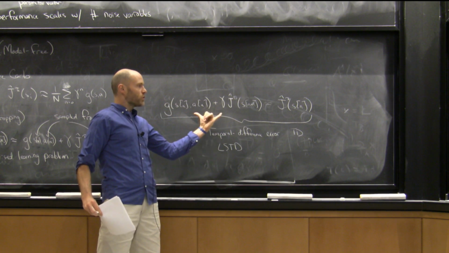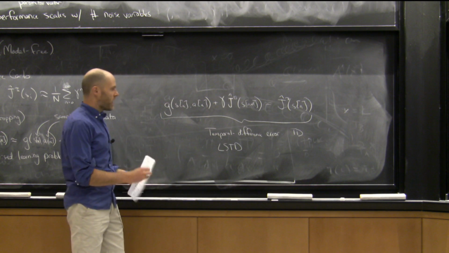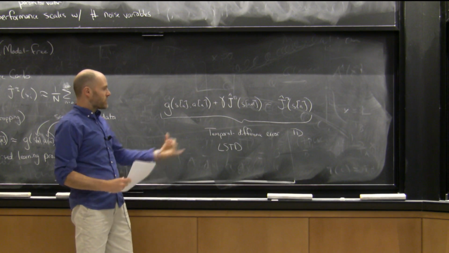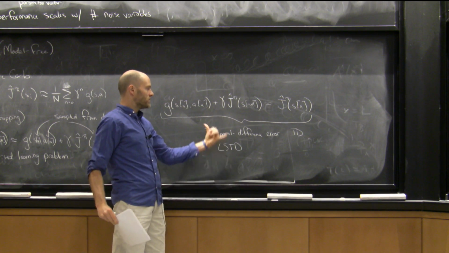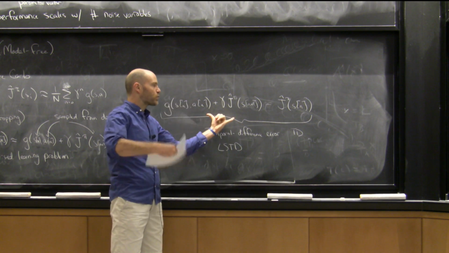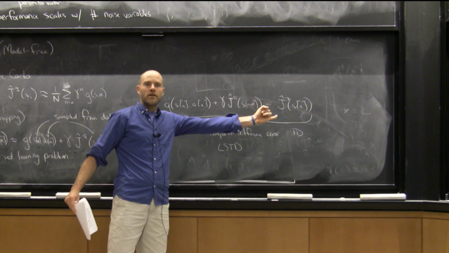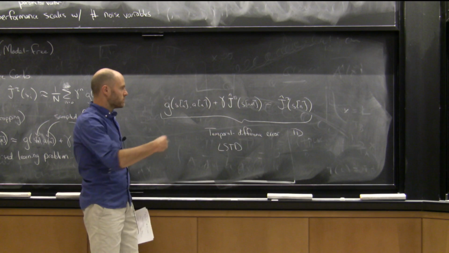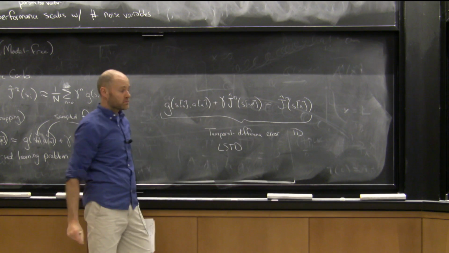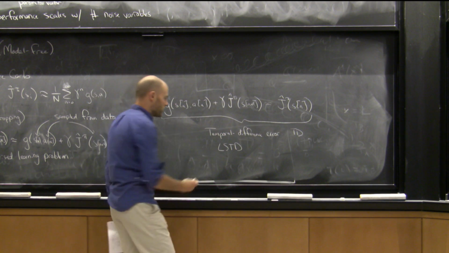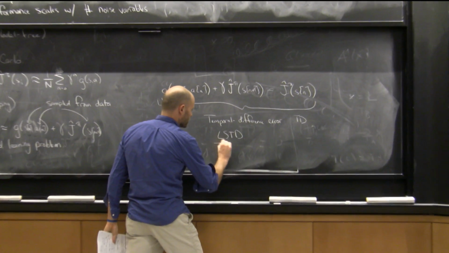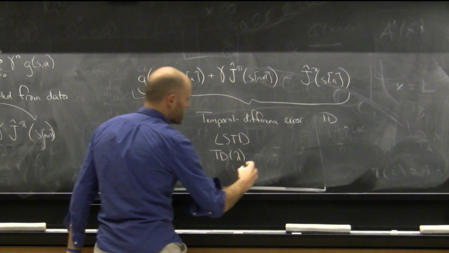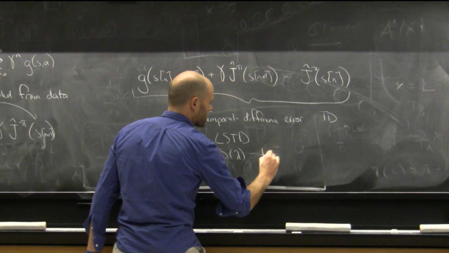But there are also online versions of this that on every update, as your robot is moving, try to make sort of a low-pass filter of the least squares solution and incrementally update J hat in order to try to minimize this on each step, okay? And that's called temporal difference learning, TD, and TD lambda is the general form of temporal difference learning.